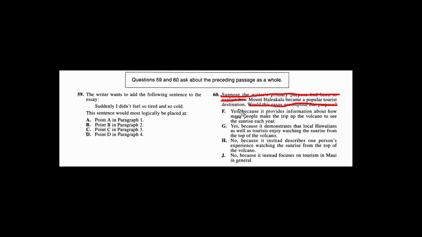You can see it doesn't mention anything about becoming a popular tourist destination. So you can go ahead and you can cross out the yeses. Now, simply look at the remaining answer choices and see what's going on. So we have the sunrise, top of the volcano, or no, because instead it focuses on tourism. There's no mention of tourism in there at all. Correct answer here is going to be H for 60.